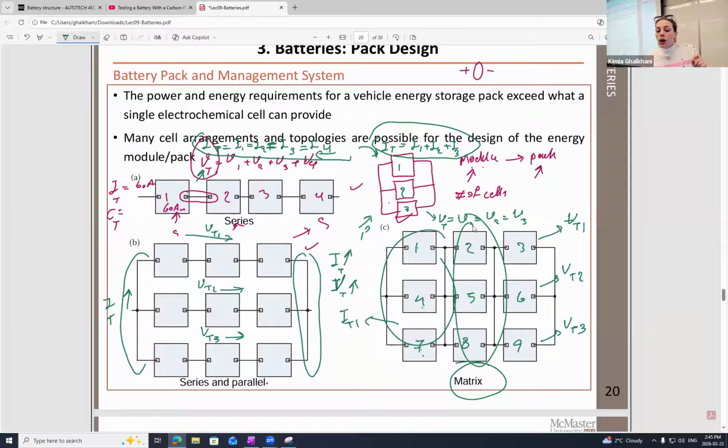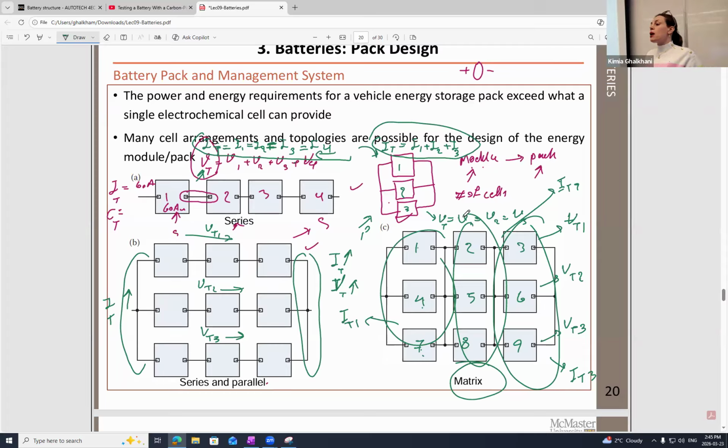And then I have the same in column 2. And then I have the same in column 3. Therefore, at the same time, I'm increasing the capacity more and more. So this could be a great choice for creating a high voltage battery pack.